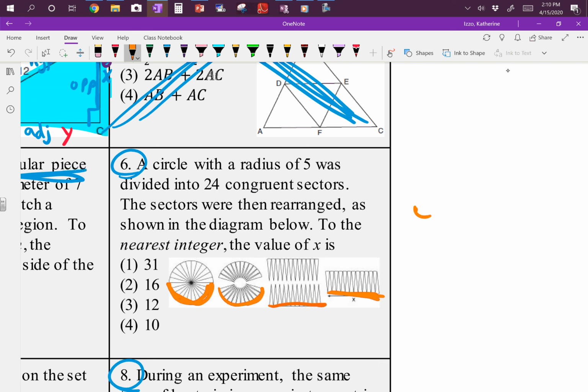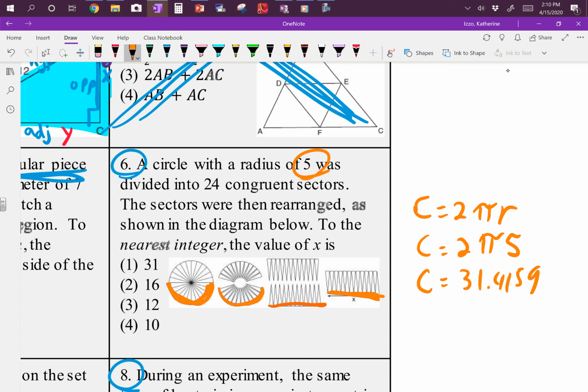So circumference is 2 pi r, a circle with a radius of 5. Okay, so the full circumference would be 2 pi times 5.